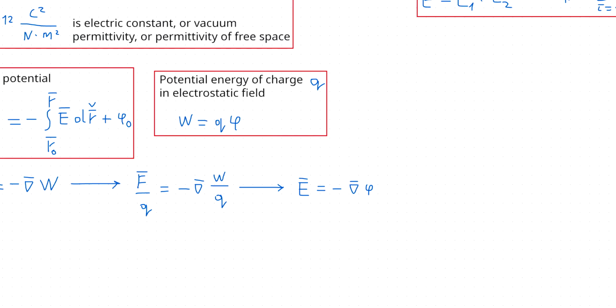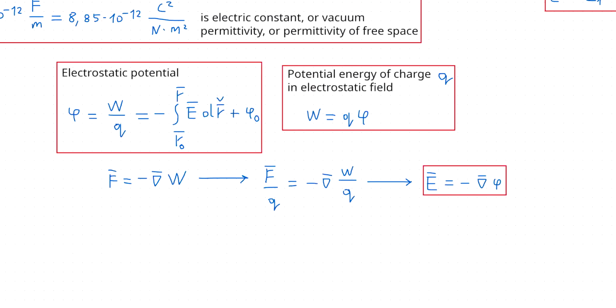So this formula allows us to define electrostatic field intensity if we know electrostatic potential.